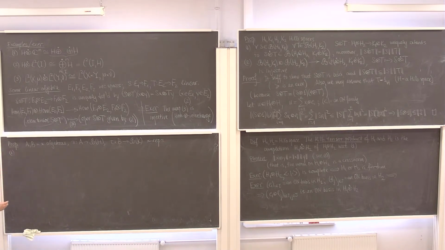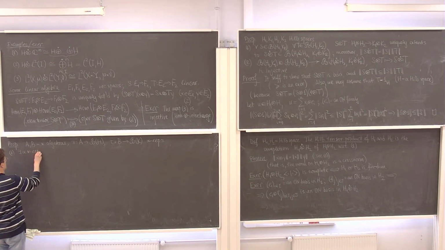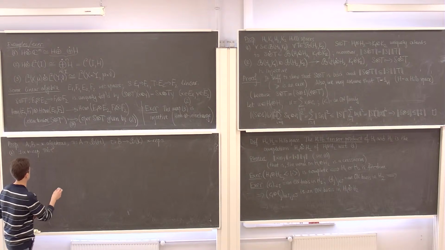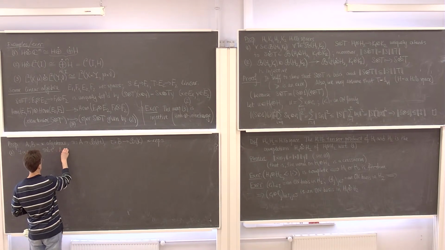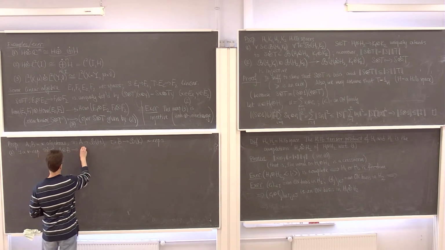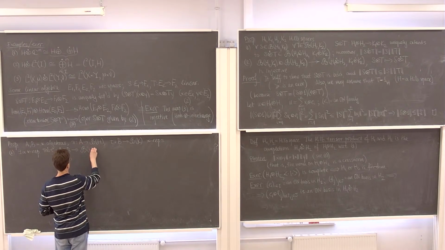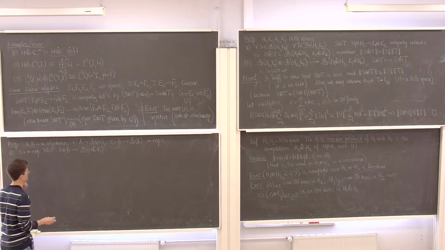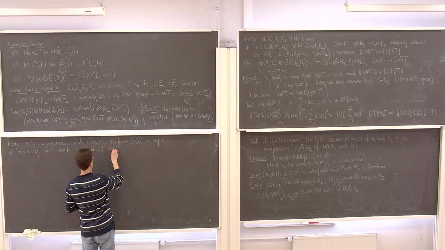I claim that there exists a star representation, which will be denoted like this. This is a representation of A tensor B on the Hilbert tensor product of H and K, uniquely determined by the following rule.